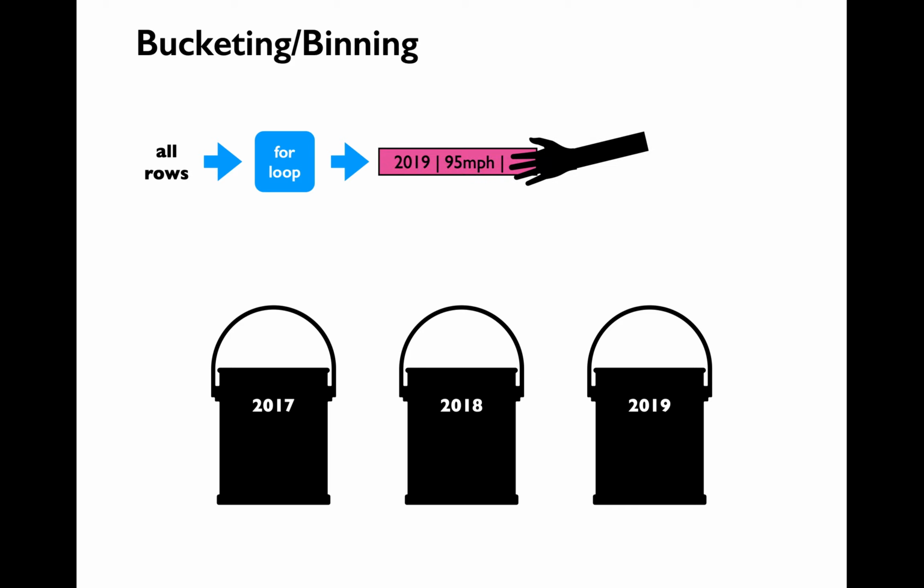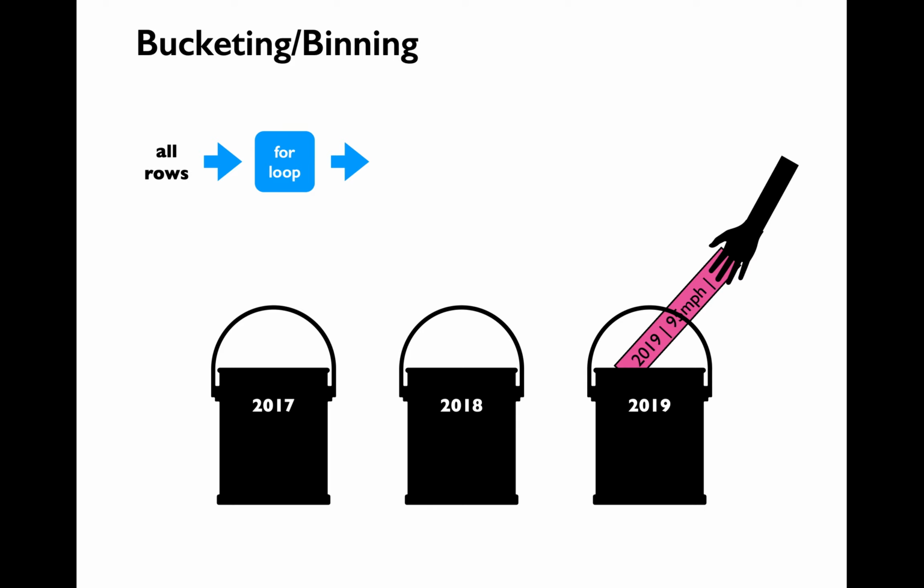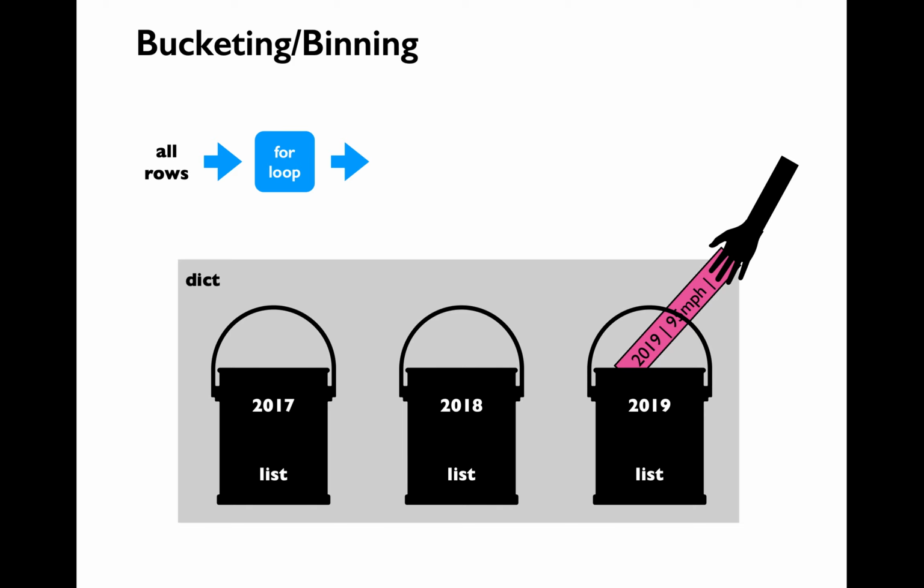In the next iteration, let's say that your tornado has year as 2019. You're going to take that particular list and put it into the 2019 bucket here. Each bucket is going to be represented using list of lists, just like we represent CSV using list of lists. We are just categorizing our CSV rows based on a specific column's value, and the categories here are buckets.